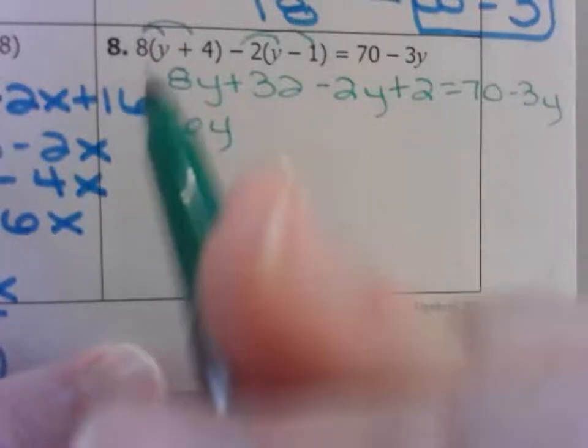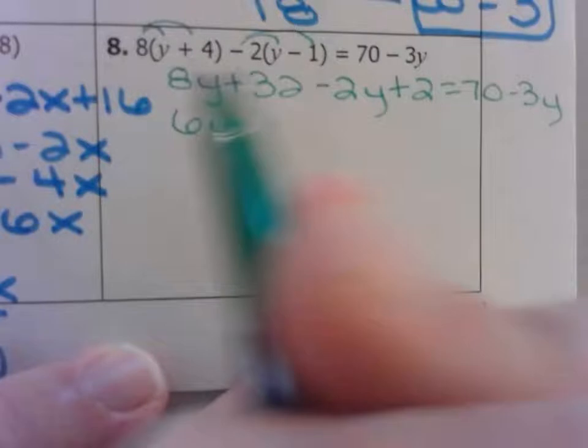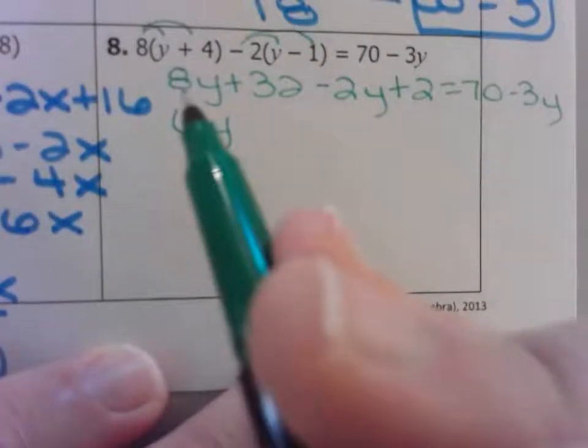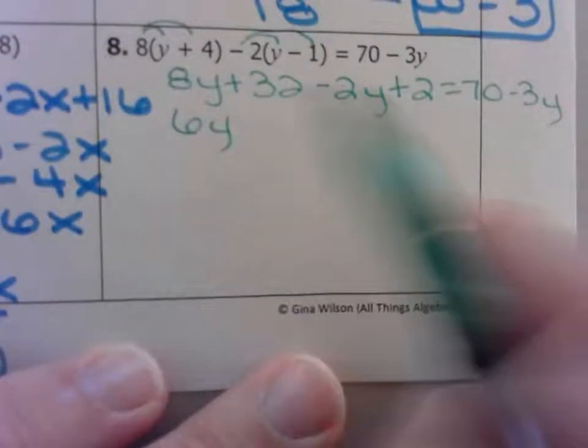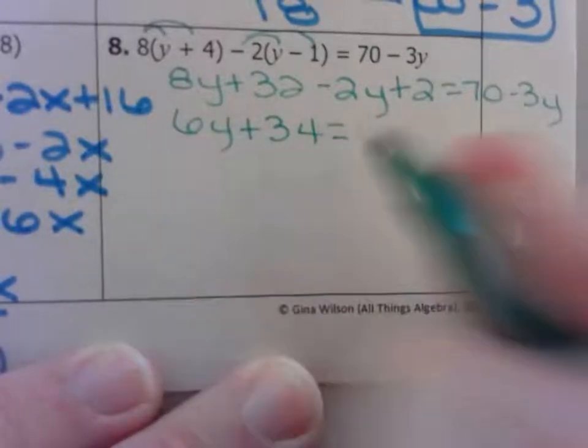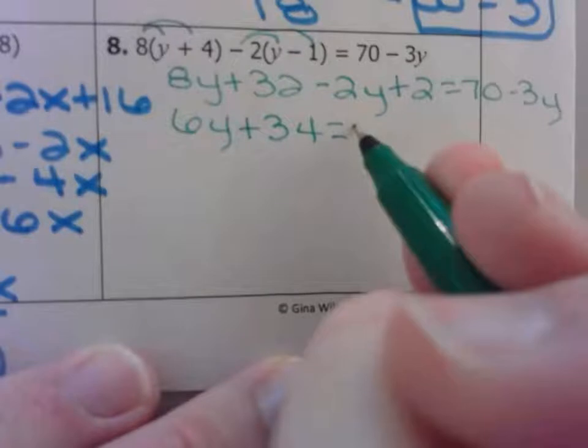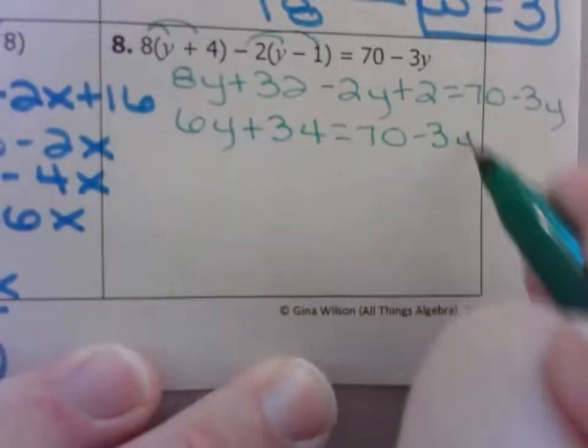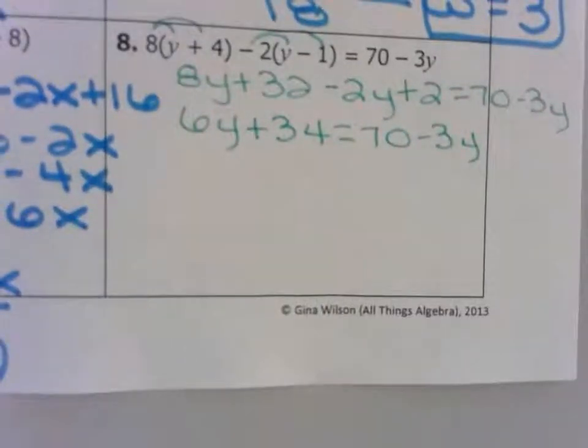No, because I combined the y's. What else can I combine on the left side here? 32 and 2. Yep, what's 32 plus 2? 34. So simplify the left and the right side. The right side is 70 minus 3y, already simplified. Before you move things to each side of the equal sign, combine or simplify both sides first.